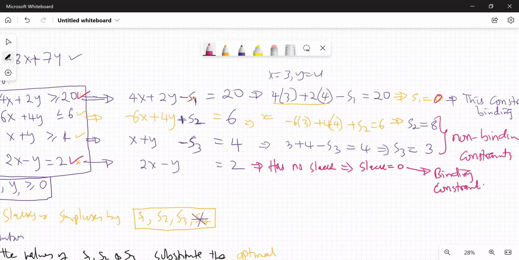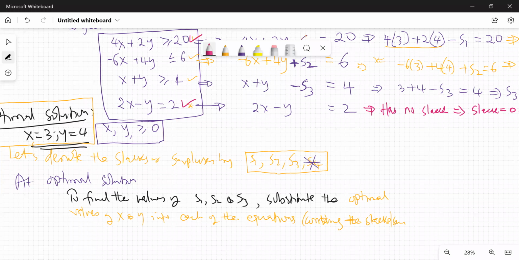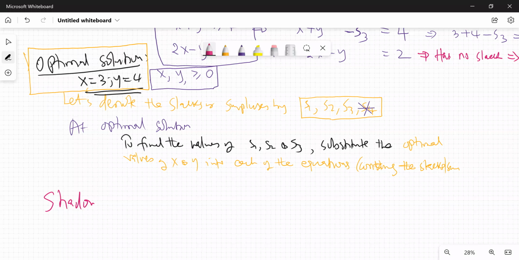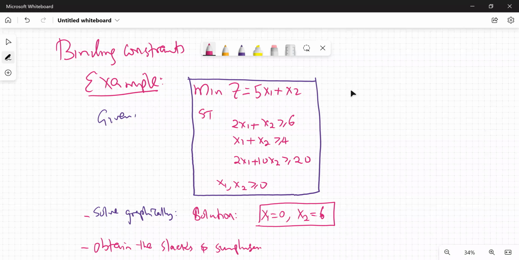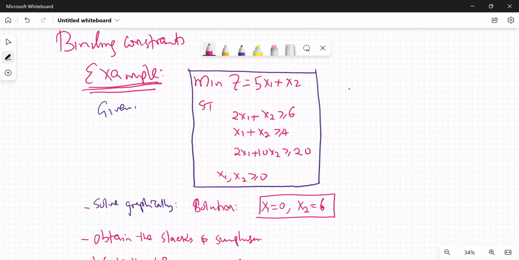Okay. So there's also something else known as shadow price. Usually shadow prices are calculated on the binding constraints. Let me see if I have a good illustration here I can show you. So suppose you're given this linear programming model, you minimize this subject to these 3 constraints, and then a non-negativity constraint.